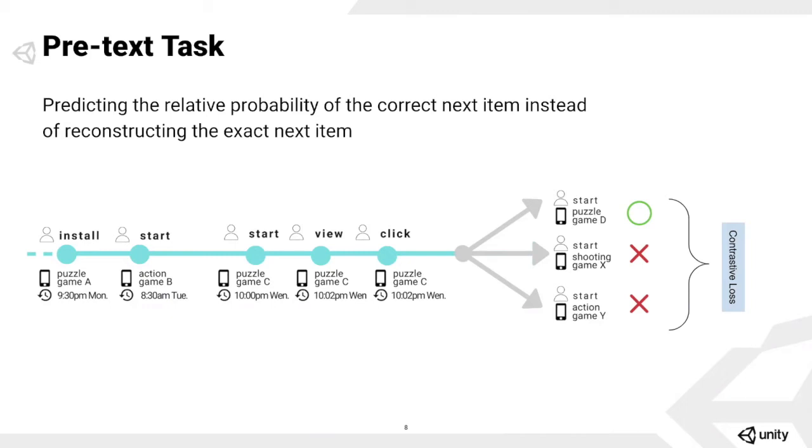Here in this story example, the model learns that the puzzle game would have a higher probability of being the next item compared to the other options. One way to generate negative examples is to randomly draw samples from other sequences. So in the end, the model can learn a general representation of the user's preference and how actively the user interacts with ads, and so on.